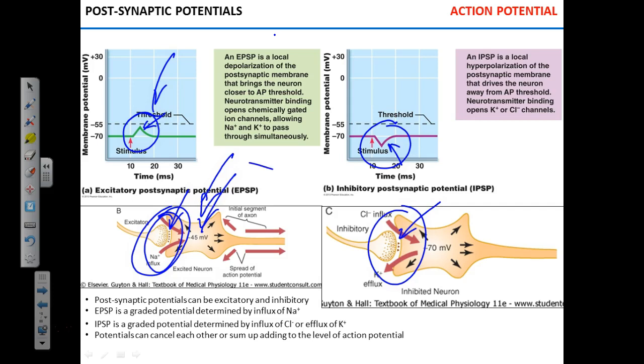This potential, this little change, this one that is shown in the picture, is called excitatory postsynaptic potential. In general, if you refer to the one that you can see on the picture, is that a graded potential or action potential?